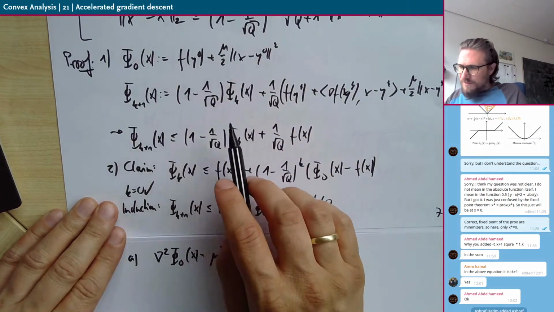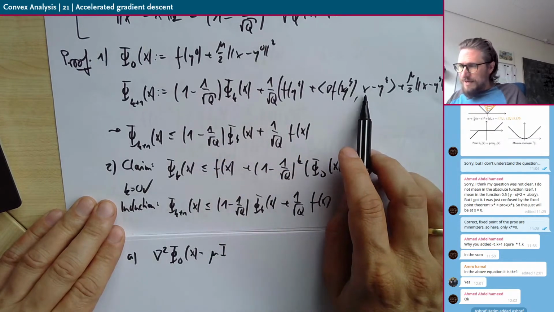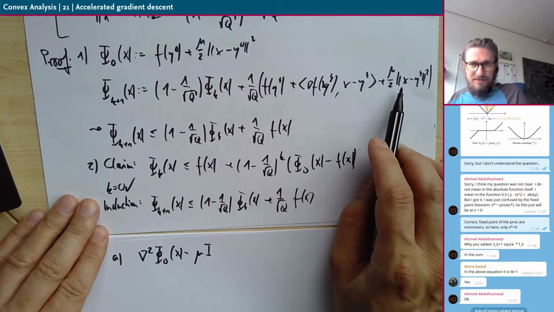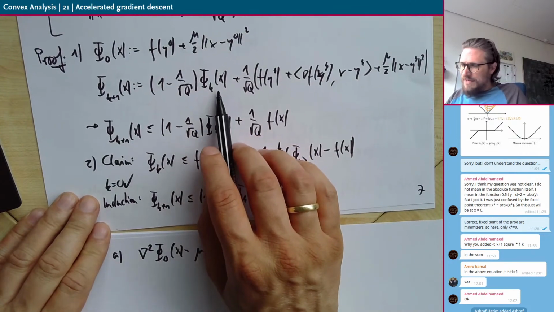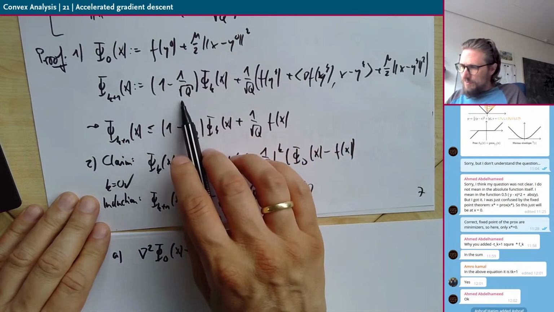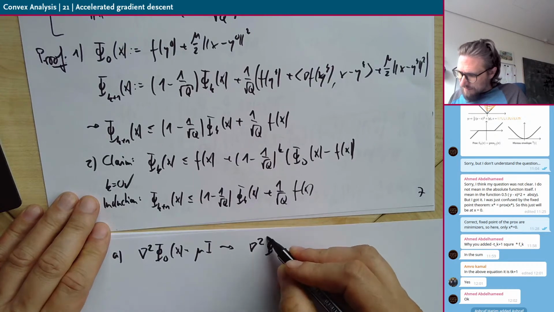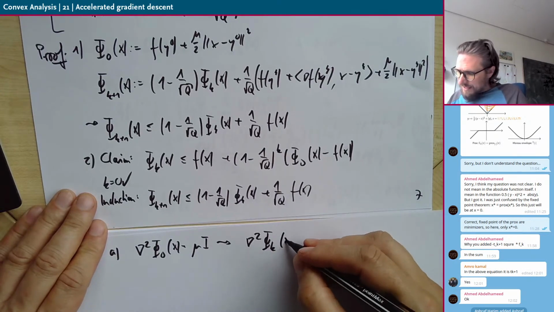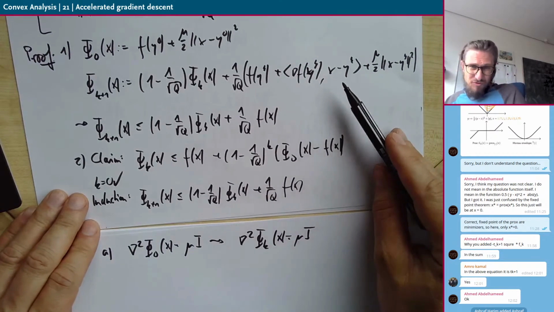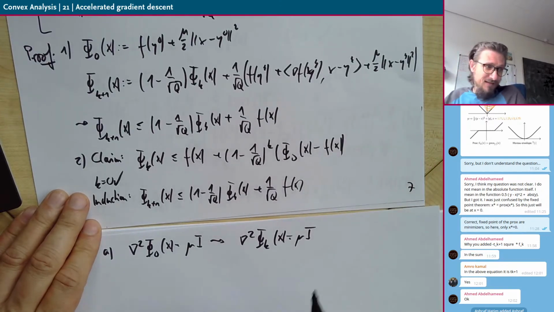But then recursively, the Hessian of this linear term just vanishes, and this is the only other term where x appears. So this here is mu times identity. The 1 over square root of q cancels with this, and so recursively you get that this is for all k again mu times identity. So the phi k, which don't look like this in the first place, are all just functions with this Hessian.